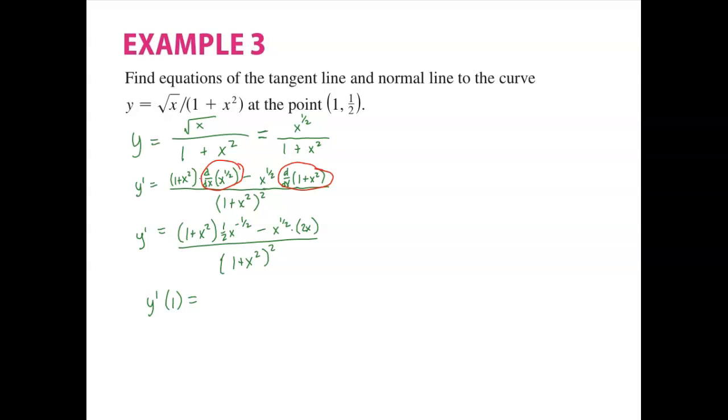I'm just plugging in 1 for all the x's. So I have 1 plus 1 squared times 1/2 times 1 to the negative 1/2 minus 1 to the 1/2 times 2 times 1 all over 1 plus 1 squared quantity squared. And this may seem messy, but we're doing just a bunch of this stuff to ones, and ones are pretty easy to simplify, right?